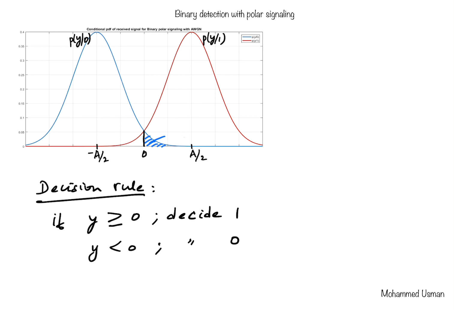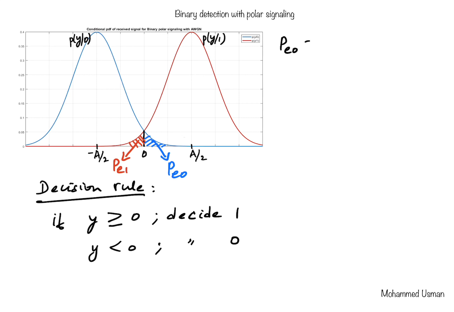Let me write it outside. So that area here is the error probability when a 0 is transmitted, and similarly the area to the left of the threshold under the red PDF gives us the error probability when a 1 is transmitted. So we can now write down these expressions.